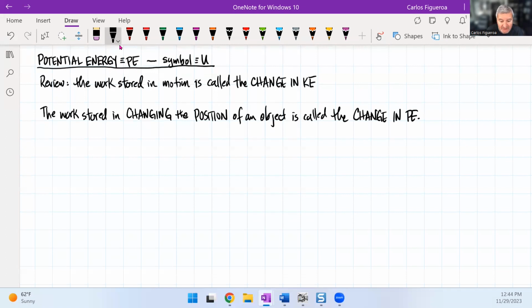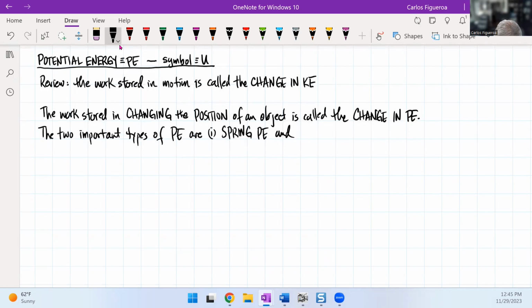And I'll give you a physical way of looking at it, and then we'll get into it lightly mathematically so that you could see how we could write it down. The two important types of potential energy are, one, spring potential energy, and two, gravitational.